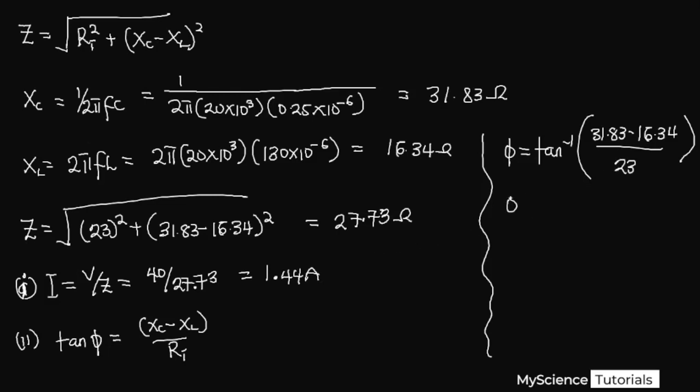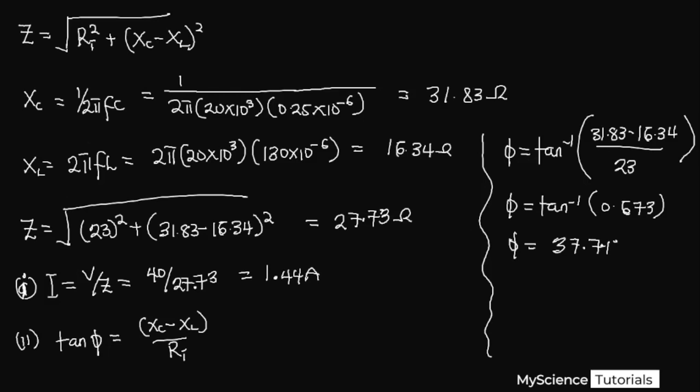So our phase angle will be equal to the tan inverse of 31.83 minus 16.34, all divided by 23, which is 0.673. And then if we find the tan inverse of this decimal, we are going to get the angle 37.71. So our angle here is 37.71.